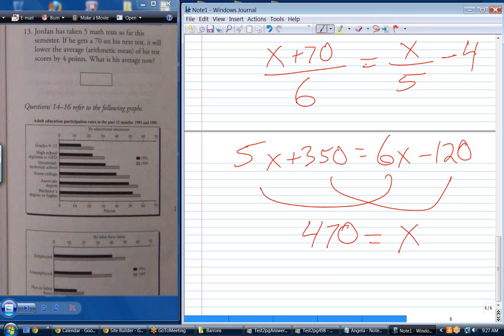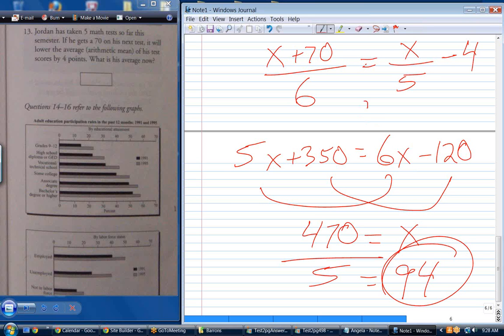So there's the total of his first 5. If we divide that by 5, we get 94. Okay, and let's think about whether that makes sense.